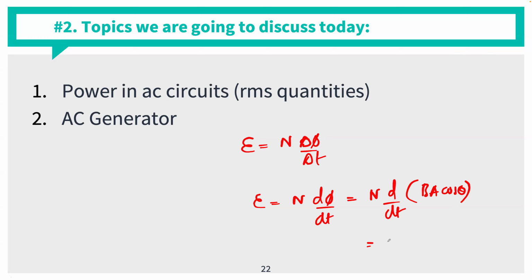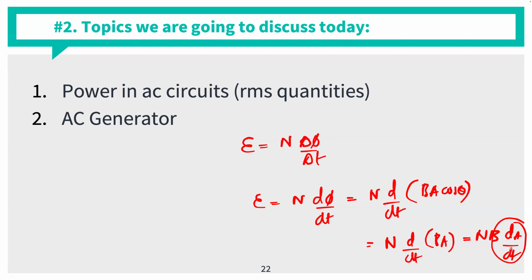So I can write this as N into d by dt of BA cos theta. Taking B constant, it will be dA by dt.